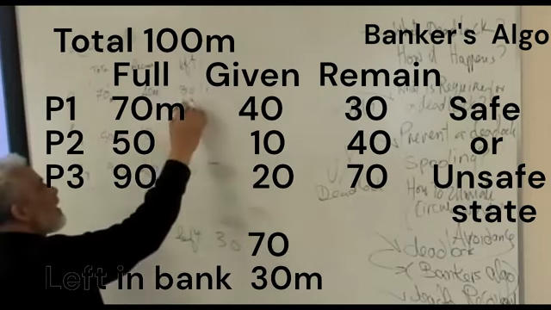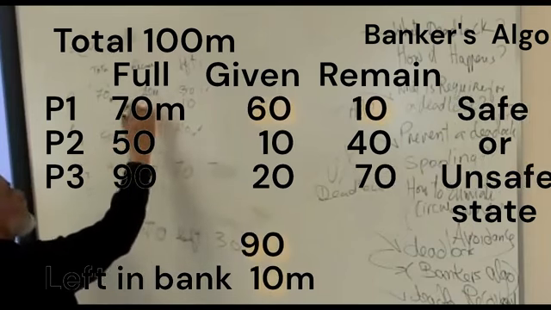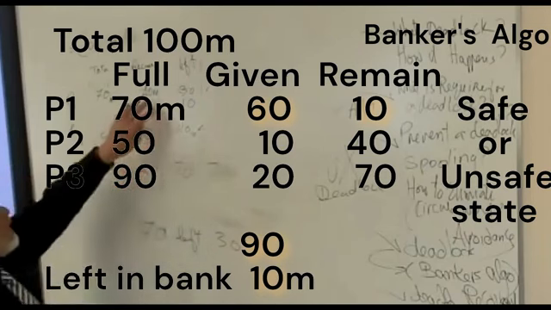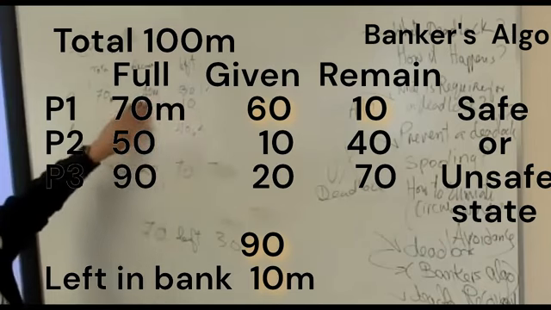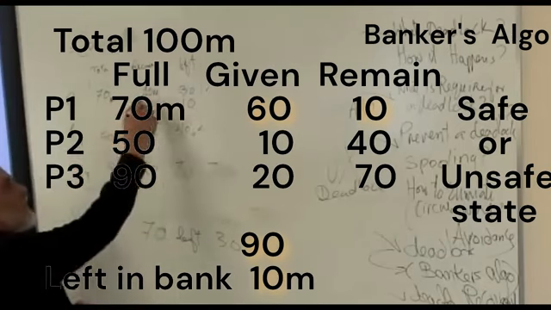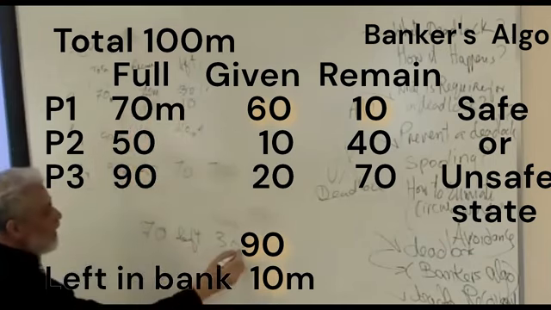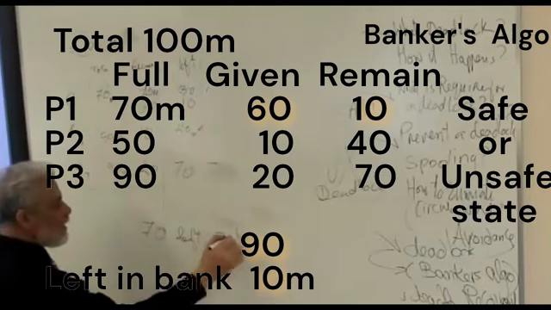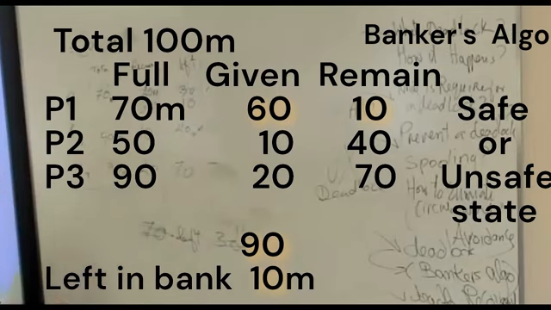So he's going to be left with 10, because out of the 70, we've given him 40, and if we give him another 20, that will be 60. But then our bank no longer has only 10. So we paid 60, 70, 90.